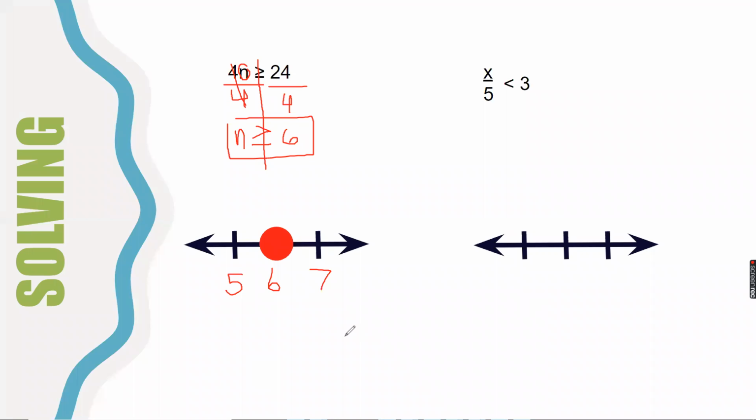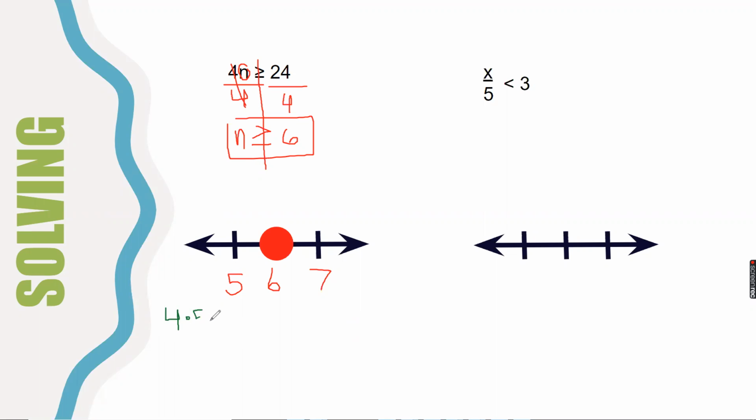And then my final step for graphing is to figure out which direction the arrow is going. So I need to draw my arrow in the direction of the true side. So I'm going to use my original inequality, just like how we did in addition and subtraction. It is 4 times n. So 4 times n is going to be 5 in this case.